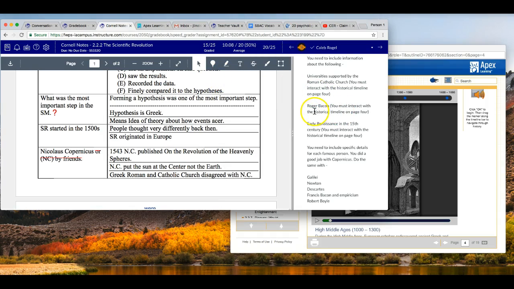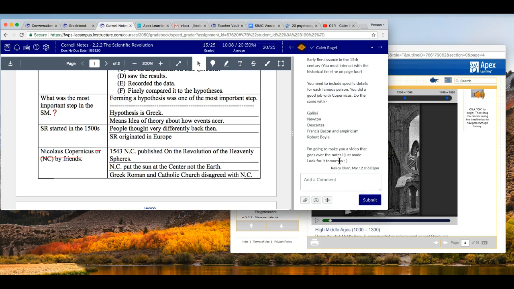It's the same thing with this second note, include information on Roger Bacon, and I told you that you have to use the interactive timeline for that information. Same thing with this one. And then you also have to include information on these 5 guys.